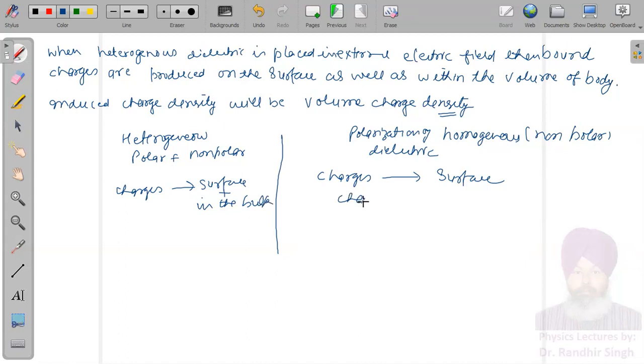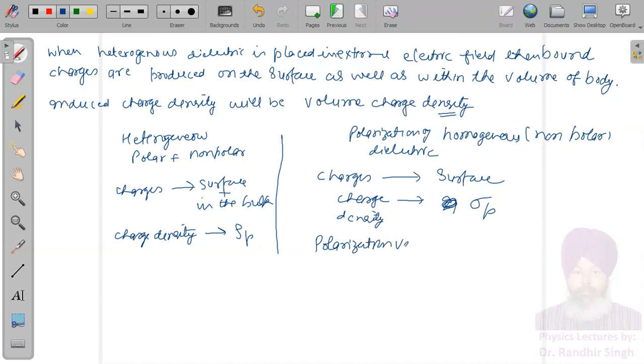The charge density there you wrote in your school physics was sigma p. So I will use charge density here as rho p. There you used a vector called the polarization vector. Its symbol was capital P, and it was defined by you as dipole moment per unit volume.